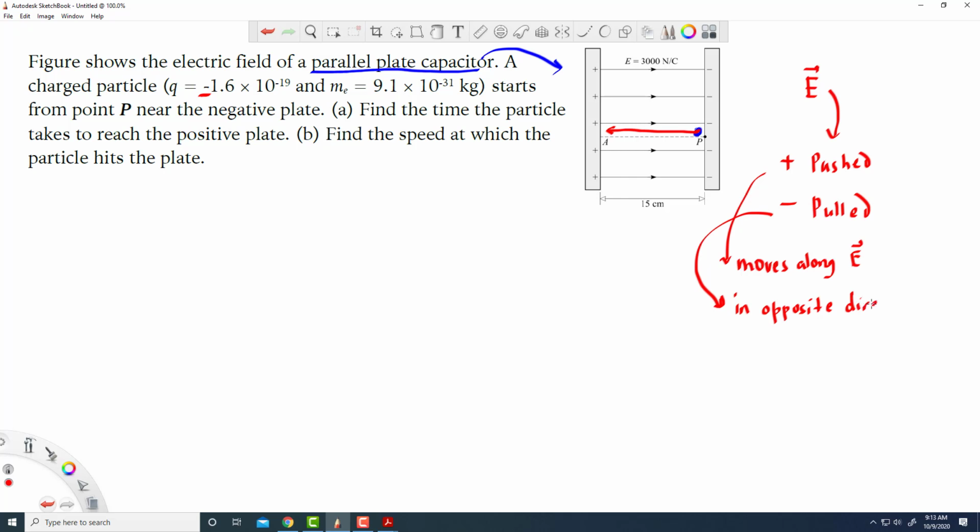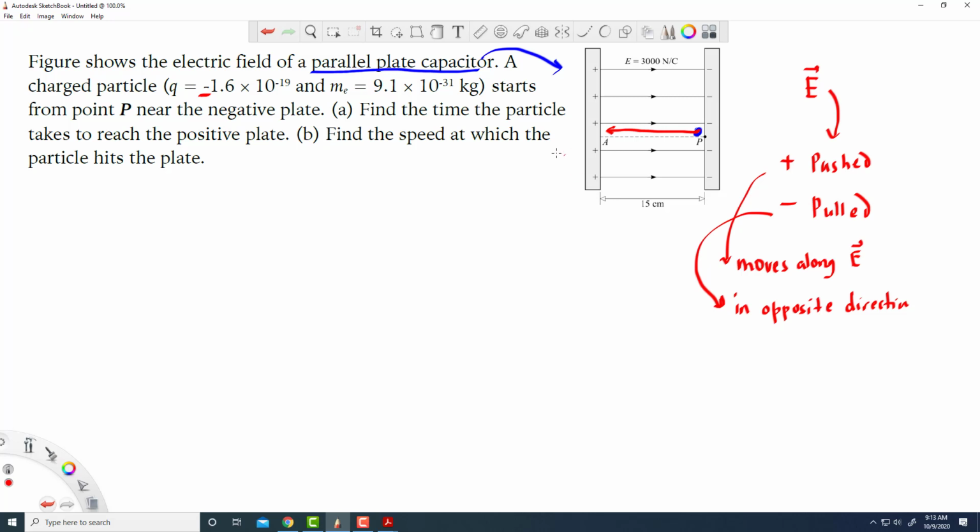So we have a negative charge here, and this negative charge moves against the electric field, in the opposite direction. In other words, you can say the electric field attracts this negative charge, or you can also say these positive charges attract the negative charge.